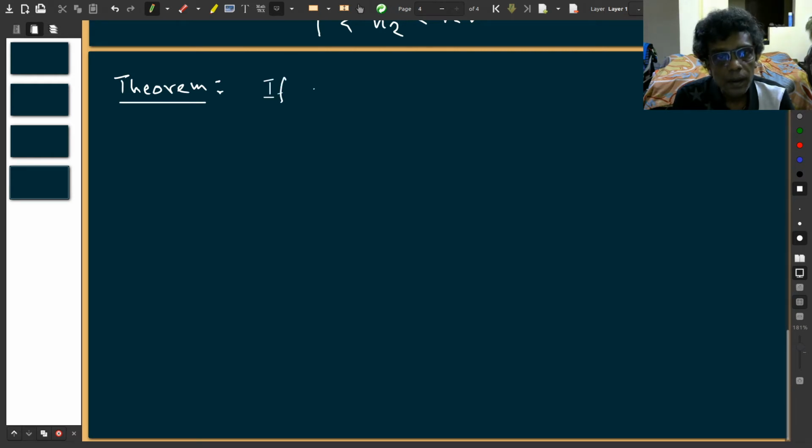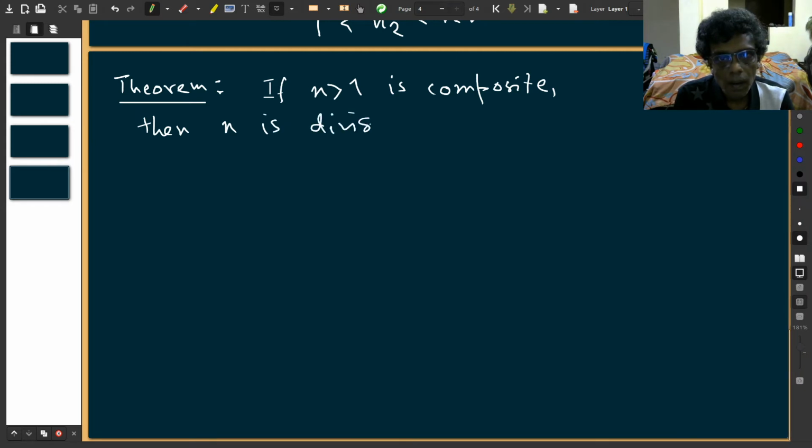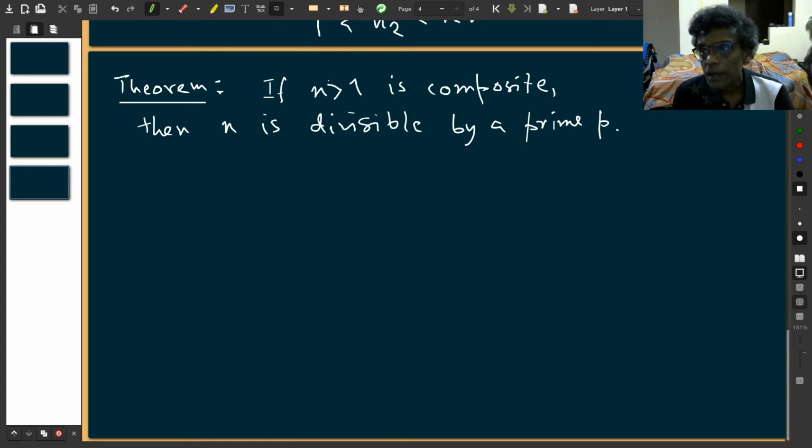If n greater than 1 is composite, then n is divisible by a prime, call it P. Okay, so how do I prove this? It sounds obvious, but a formal proof requires some intricacies.